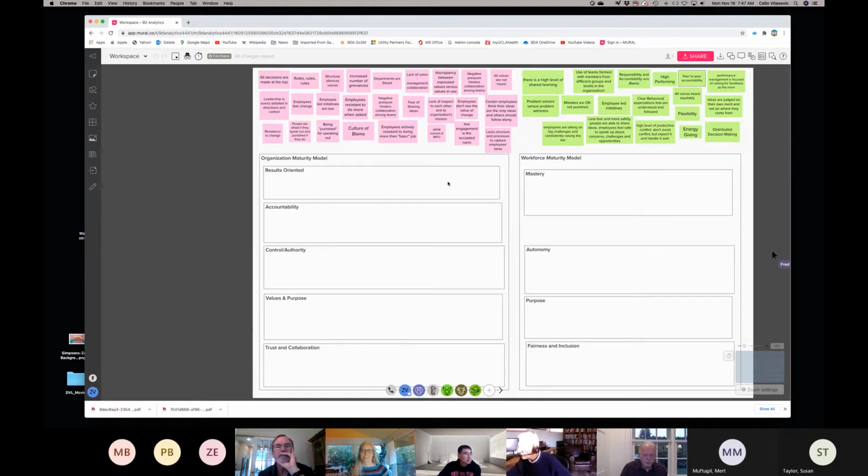If you can see, we have two boxes below: organizational maturity and workforce maturity. So we will look at things such as, let's say, I'll take this sticky note, and all of you are going to be able to do the same thing. We can say all decisions are made at the top. Well, that probably has to do with the organization in terms of control and authority, whether it's top command and control and top down and all that.